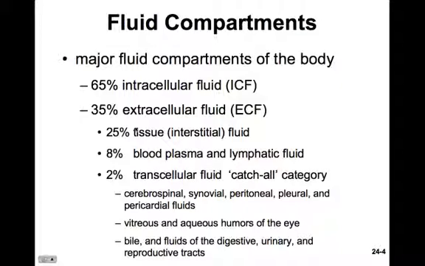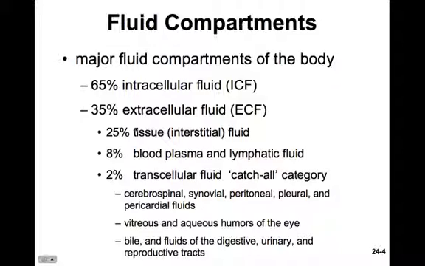And extracellular fluid includes tissue fluid, blood plasma and lymphatic fluid, and then transcellular fluid, which is sort of a catch-all category. So we see 25% of the fluid is going to be interstitial, or in the tissues. 8% of it will be in blood plasma in the circulatory and lymphatic systems. And then 2% goes in this catch-all category.